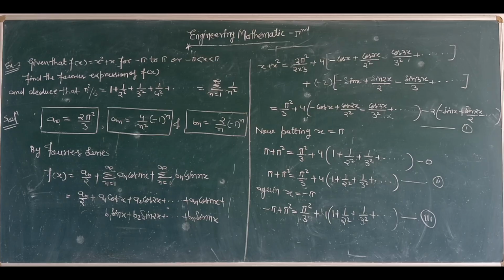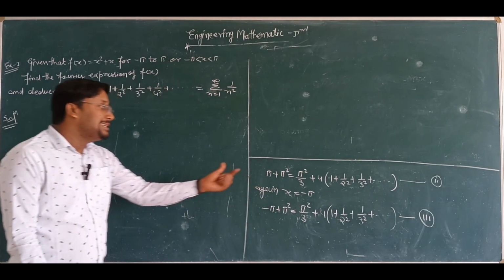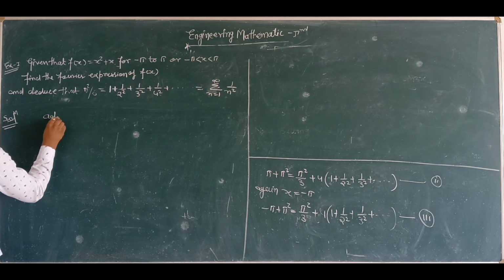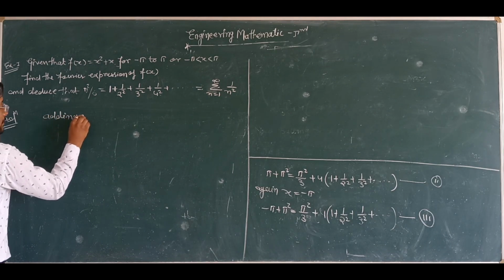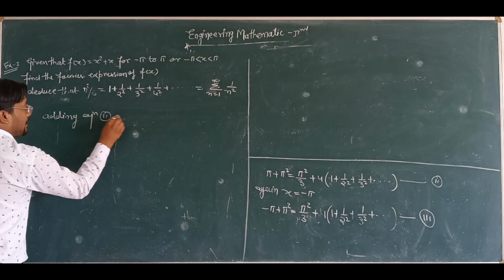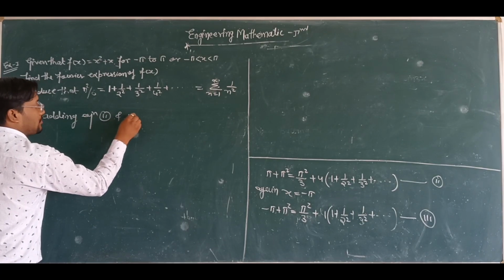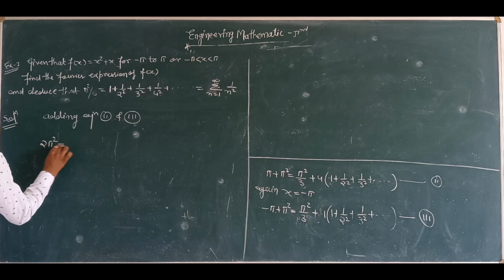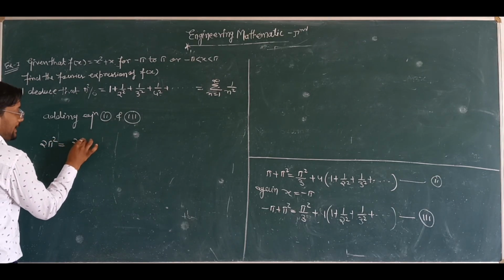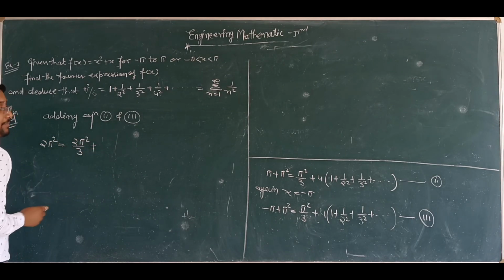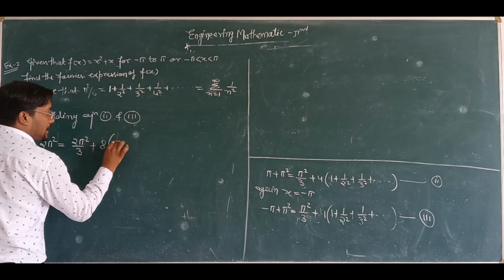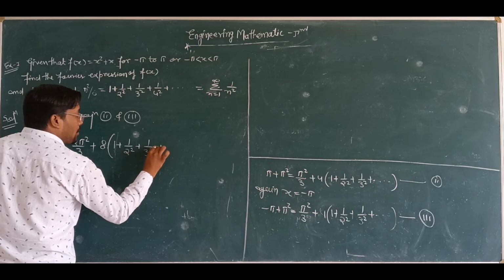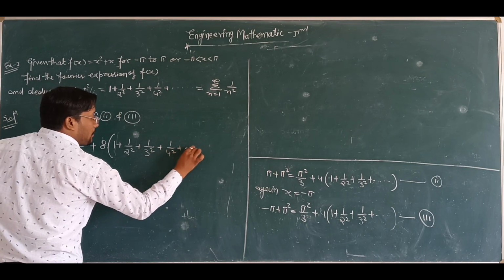First of all, adding equation second and third, you can write 2 pi square is equal to 2 pi square by 3 plus 8 bracket 1 plus 1 upon 2 to the power 2 plus 1 upon 3 to the power 2 plus 1 upon 4 to the power 2 plus dot dot.